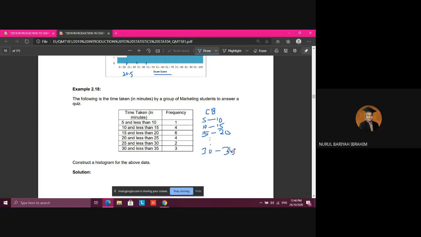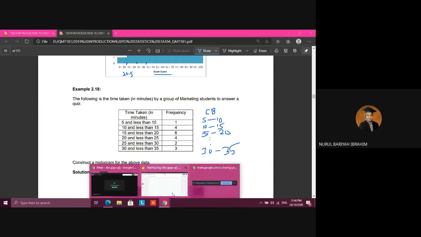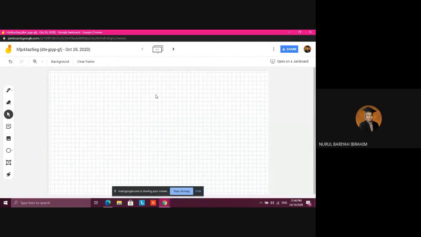And then dia punya frekuensi yang paling tinggi adalah 6. Okay, so you kena tengok betul-betul before you create the histogram. Okay, so make sure kena ada title.